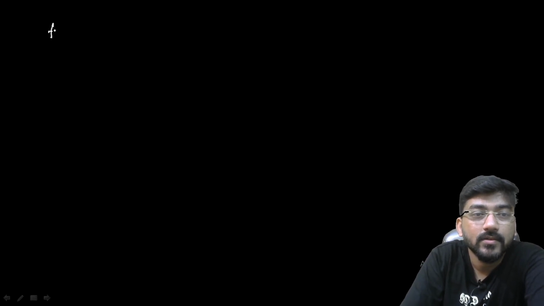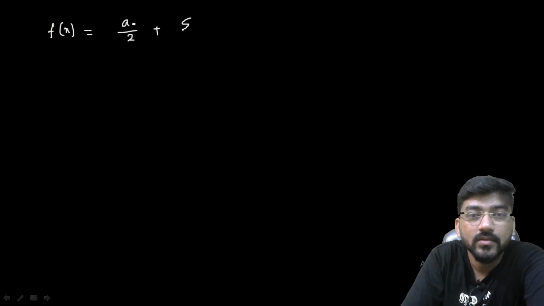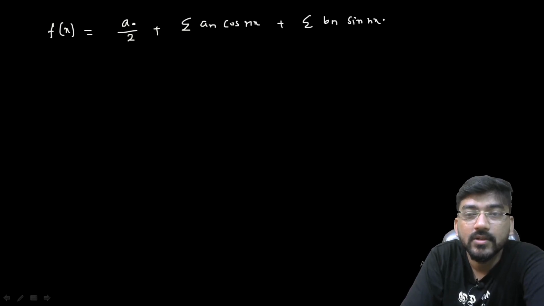Let me write again the series f of x, that is a0 by 2 plus summation an cos nx plus summation bn sin nx. Now this time we have to multiply with sin nx.